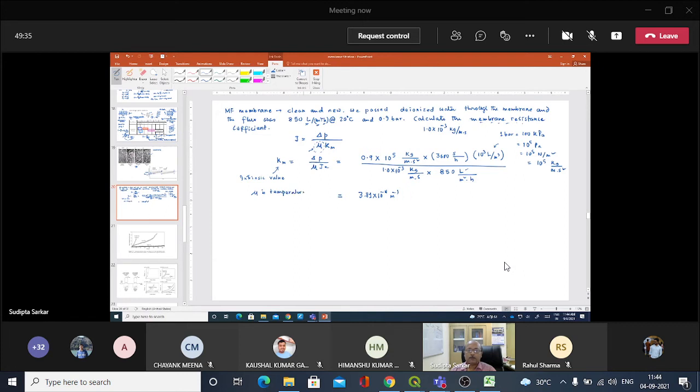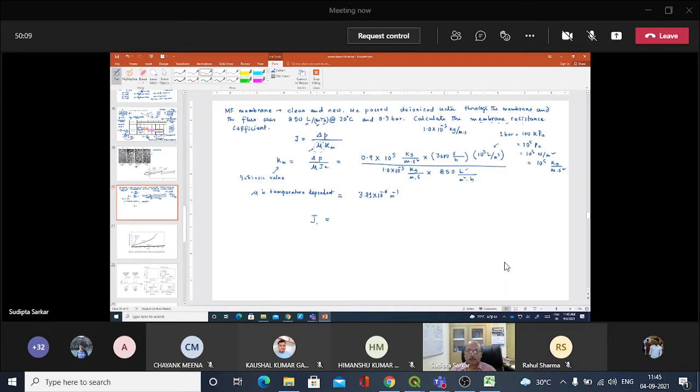For a particular fluid, mu is temperature dependent. So if mu is temperature dependent, then obviously J will change depending on the temperature. So if Js is the flux at standard temperature, and we take the standard as 20 degrees centigrade, let me write this as J20.